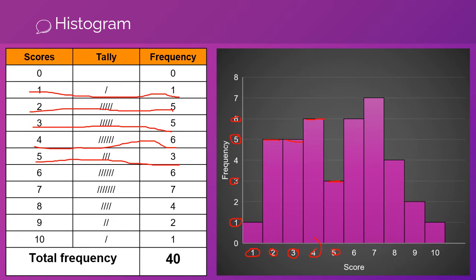The total frequency is 40. Let's check if it is 40: 1 plus 5 plus 5 plus 6 plus 3 plus 6 plus 7 plus 4 plus 2 plus 1 is equal to 40.